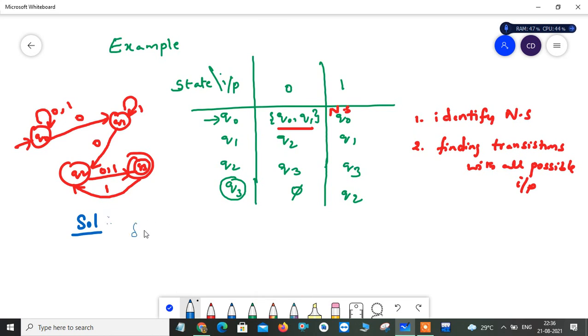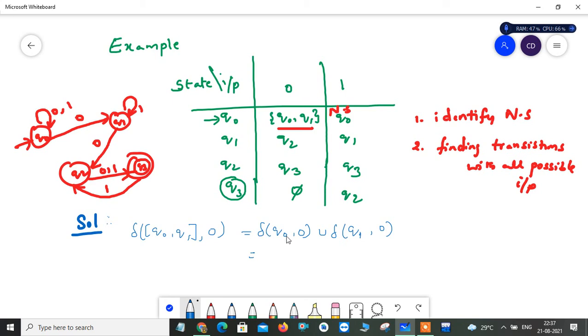Now we are trying to find the transition delta of what state we have here? Q0, Q1. So Q0, Q1 is now one single state. What are my possible inputs? 0 and 1. I'll start the transition with 0 first. How are we going to find this? We can separate these two transitions like this: delta of Q0 comma 0 union delta of Q1 comma 0.